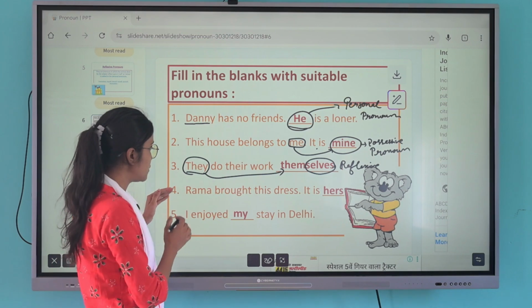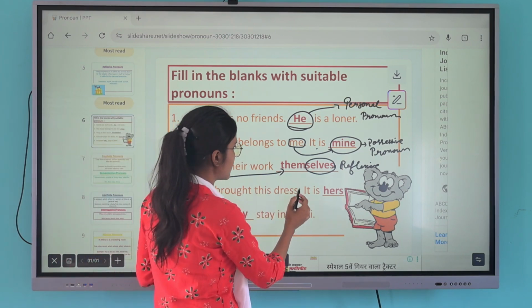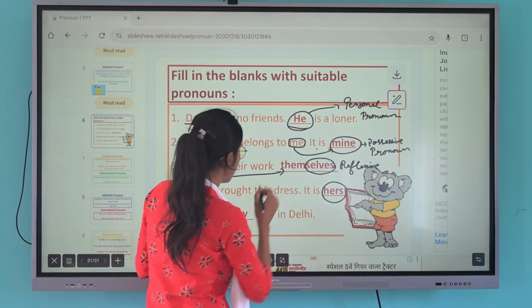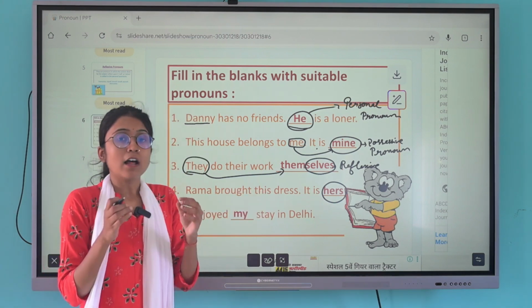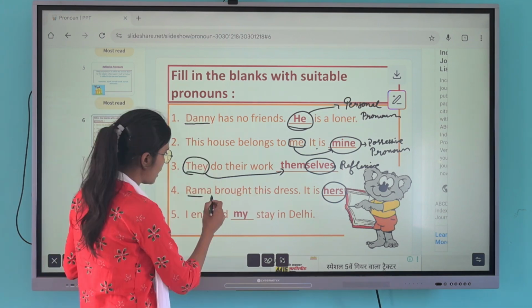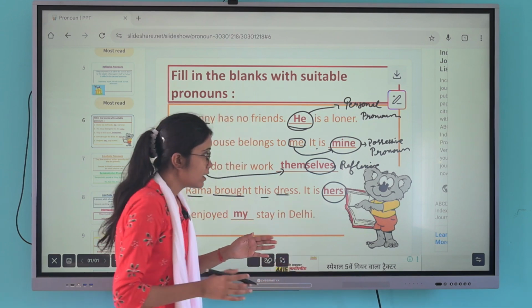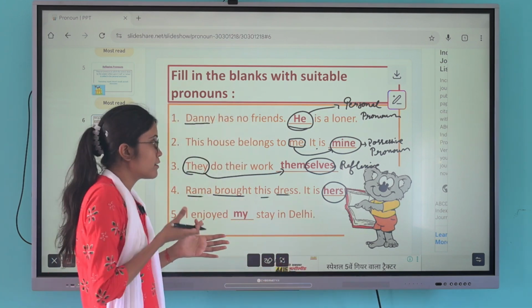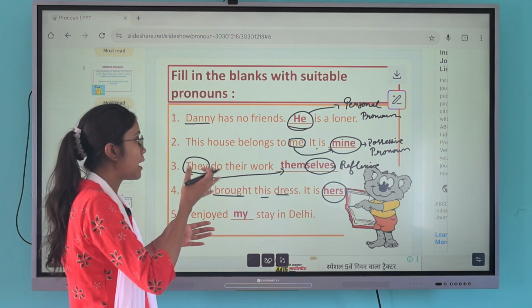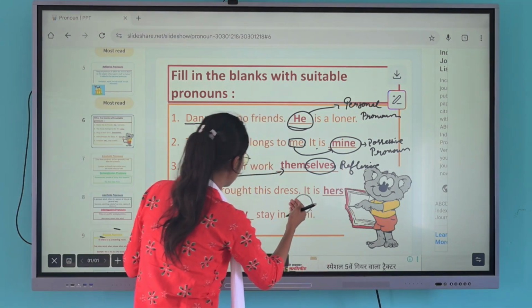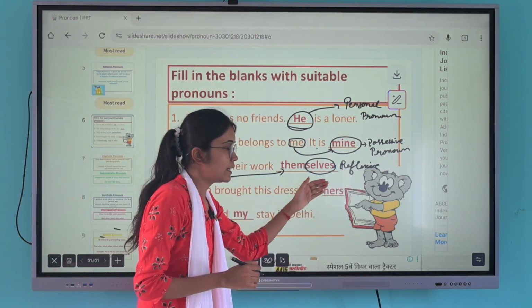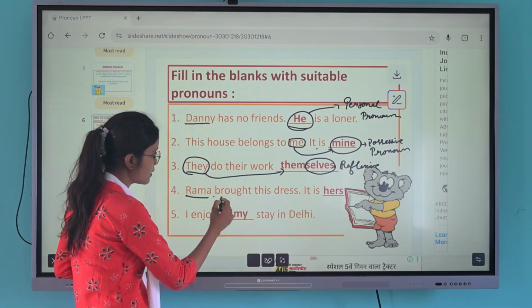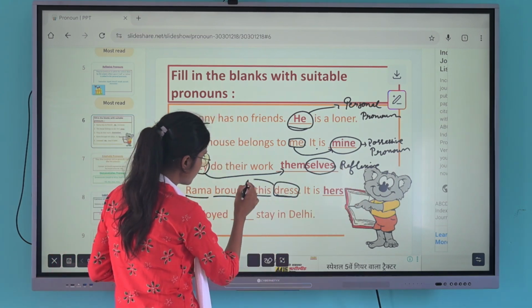The fourth one: Rama brought this dress. It is hers. It shows ownership, because it's Rama's dress. Whose dress is this?